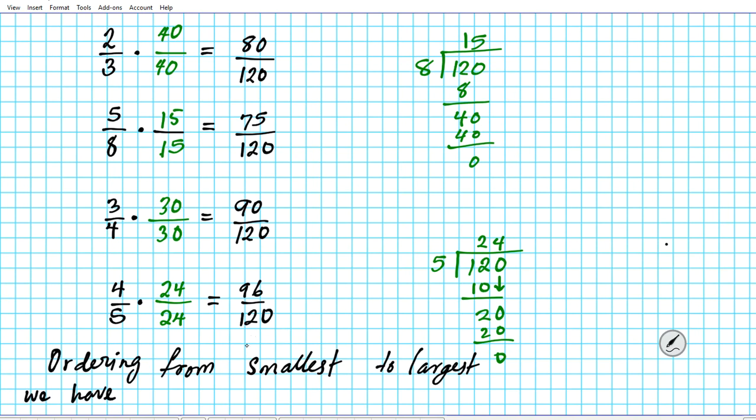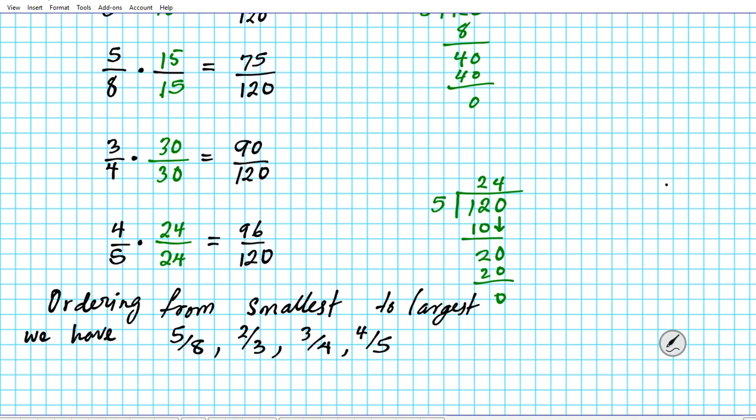So 75 is equivalent to 5 over 8. And then the next one, next to 75, is 80, 2/3. And then the next one after 80 is 90 over 120, which is 3/4. And then 96 over 120 is 4/5. So this is the ordering of the numbers that were given from smallest to largest.